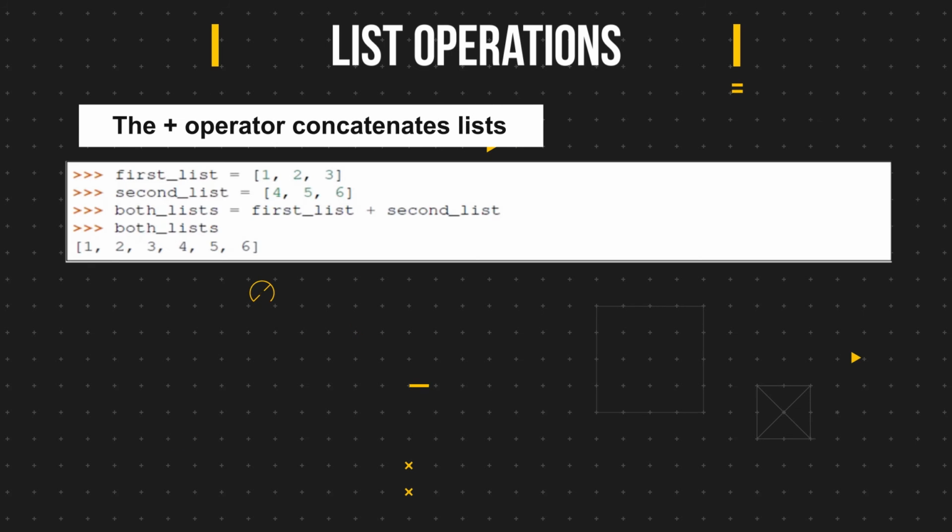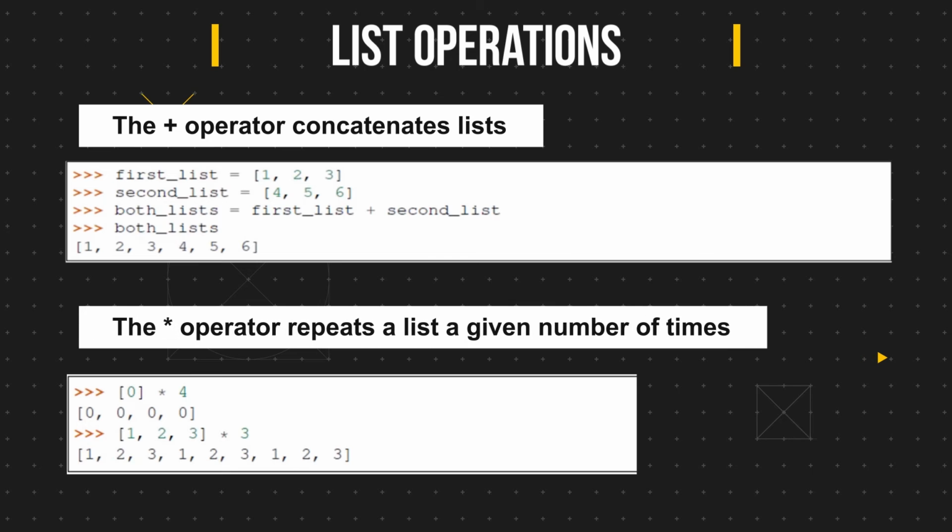So we also have some list operators. The plus operator is used to concatenate two lists. So as we can see here, we will use the plus operator to add two lists together, and when we do that we get a new list.